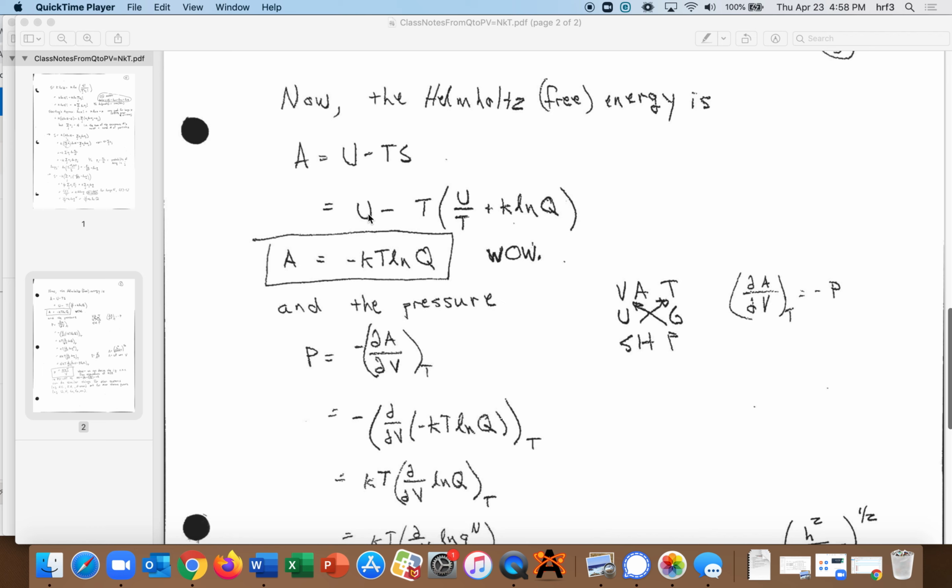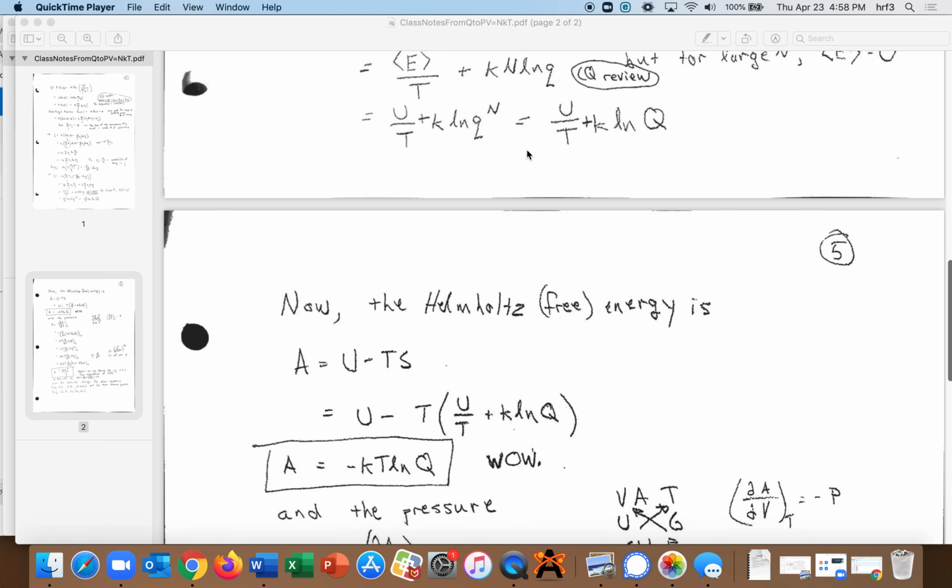So then this is U minus T, and then I can just put in my expression for the entropy here, U over T plus k ln Q, and the T's cancel, and then the U's cancel, and then the A is just negative kT ln Q.